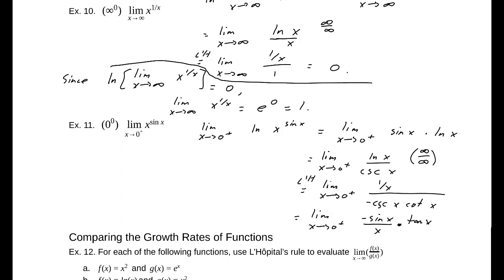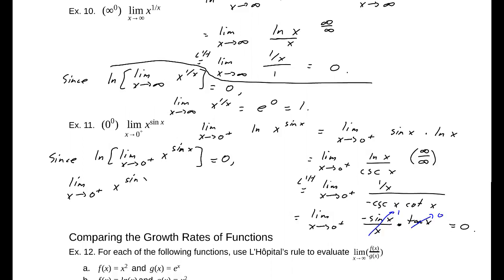Actually, I'm just going to leave it written like that, because we know that as we approach 0, this expression goes to 1 and this goes to 0. So the limit of the natural log of our original problem is 0. Okay, so again, since the natural log of that limit equals 0, the original limit is going to be 1, which is e to the 0. So that limit is 1.